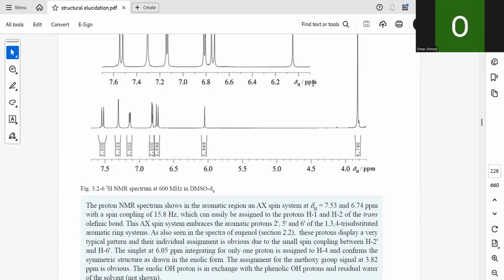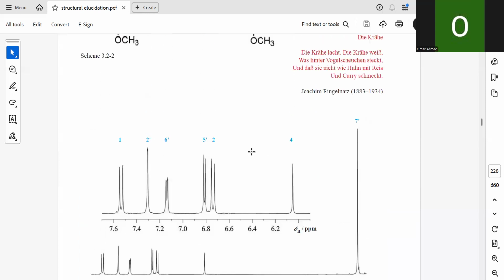These protons display a very typical pattern, and their individual assignment is obvious due to the small spin coupling between 2 prime and 6 prime.